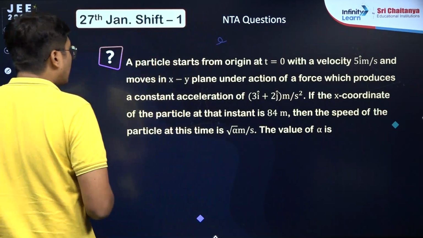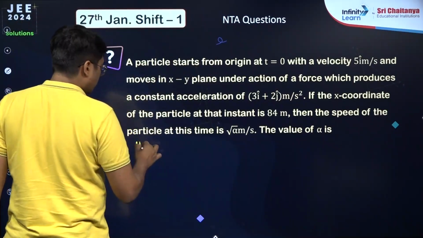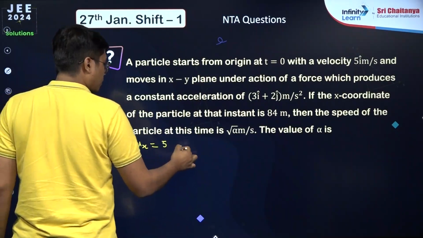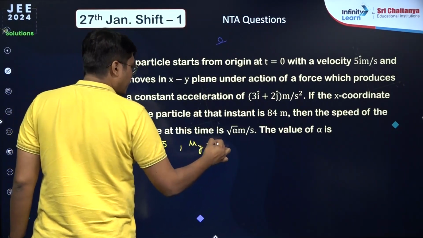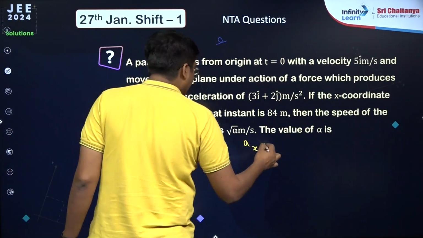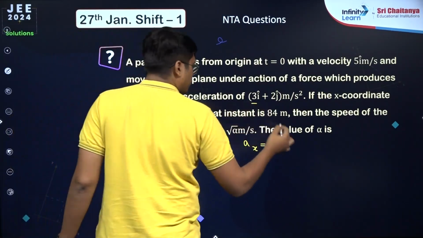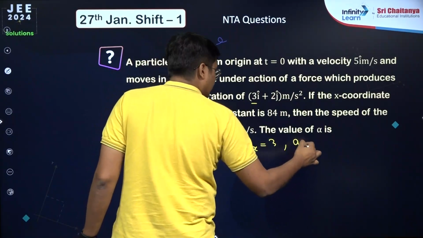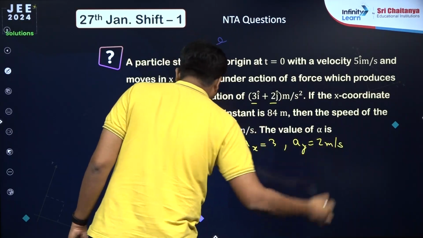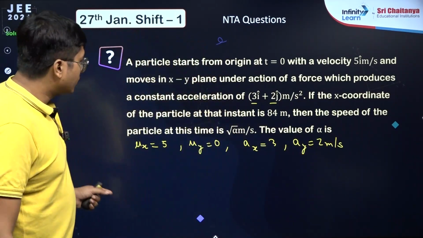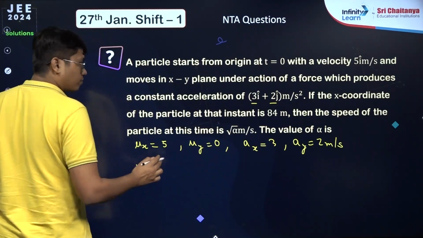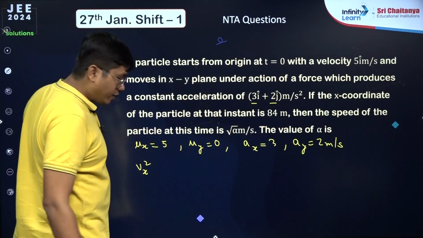So the initial horizontal speed is 5. Initial vertical speed is 0. The acceleration in the horizontal direction is 3 meters per second square. Acceleration in the vertical direction is 2 meters per second square. So first and foremost, we will find the velocity in the x direction when it has traveled 84 meters.